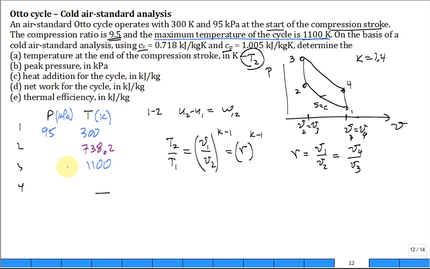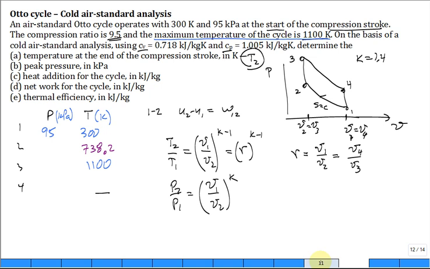All right, what about the pressure? A couple ways of doing it. You can go back and go P2 over P1 is equal to V1 over V2 to the K. Right?